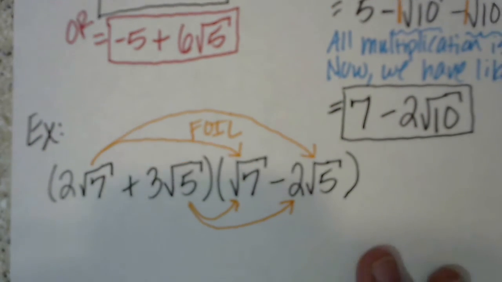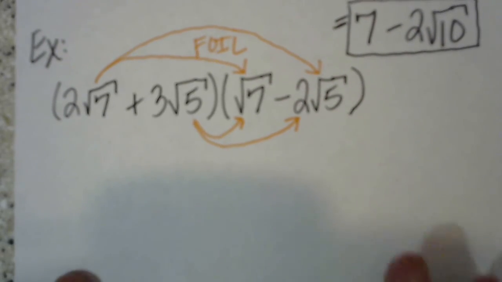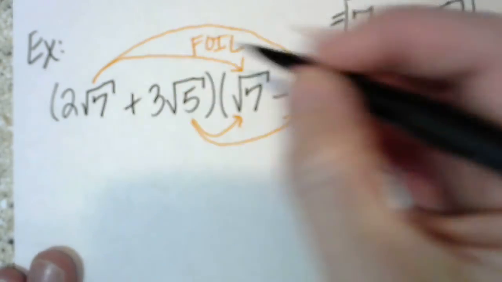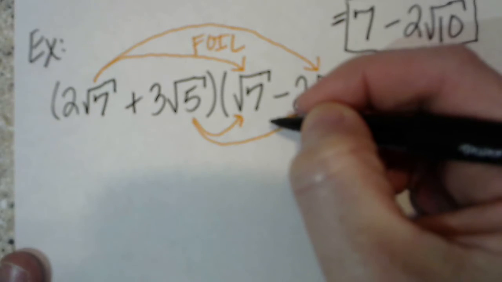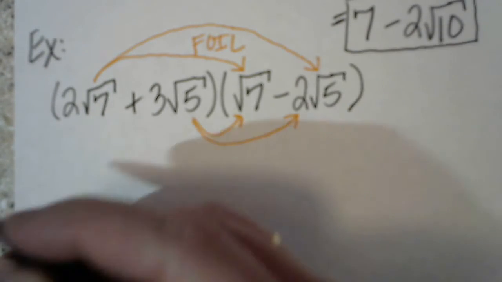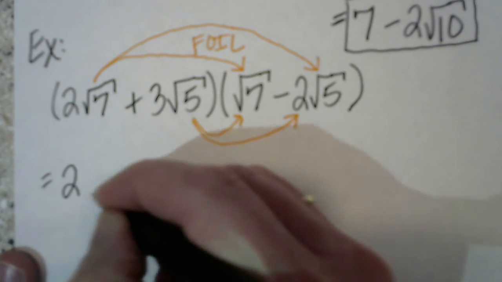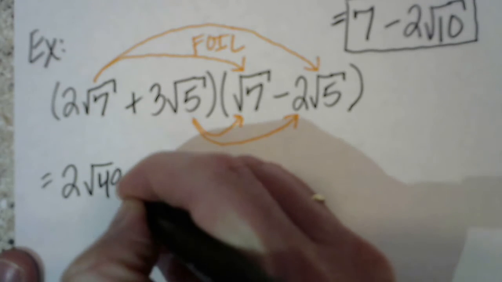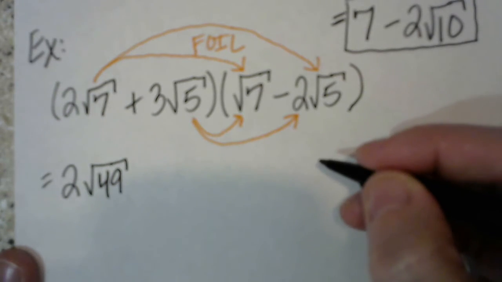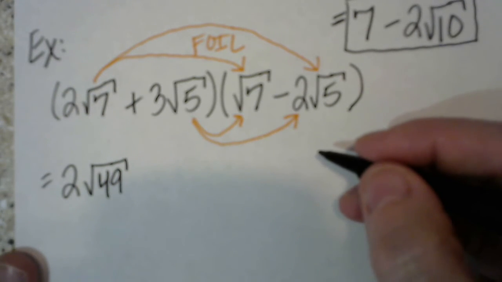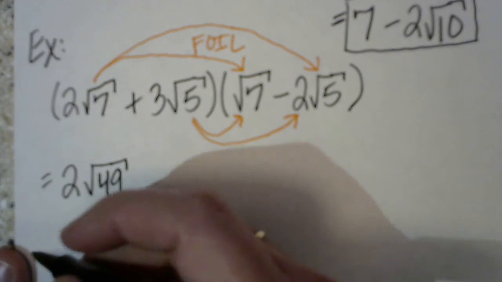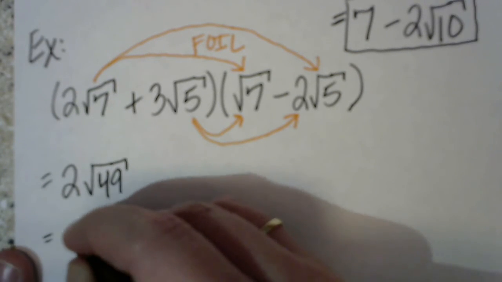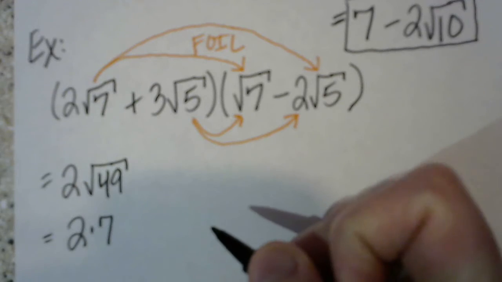So multiplying first, right? So 2 square root of 7 times square root of 7. I'm going to write this one out. This is going to be 2 square root of 49. And we know the square root of 49 is 7, right?